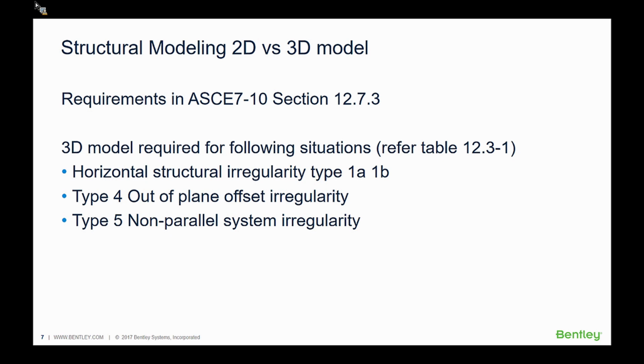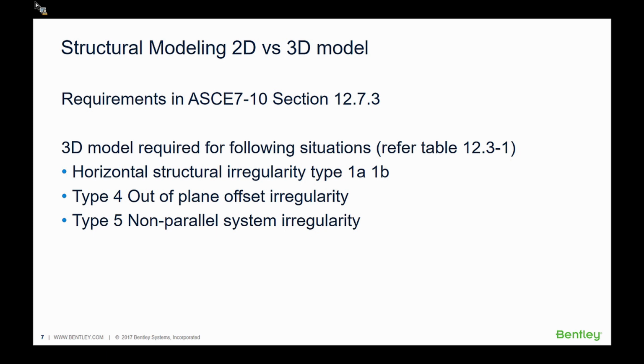The first thing it says is the model should adequately represent the spatial distribution of mass and stiffness. A 2D model may be used for analysis, but when a structure has certain types of horizontal structural irregularities, as outlined in the slide, having a 3D model is essential.